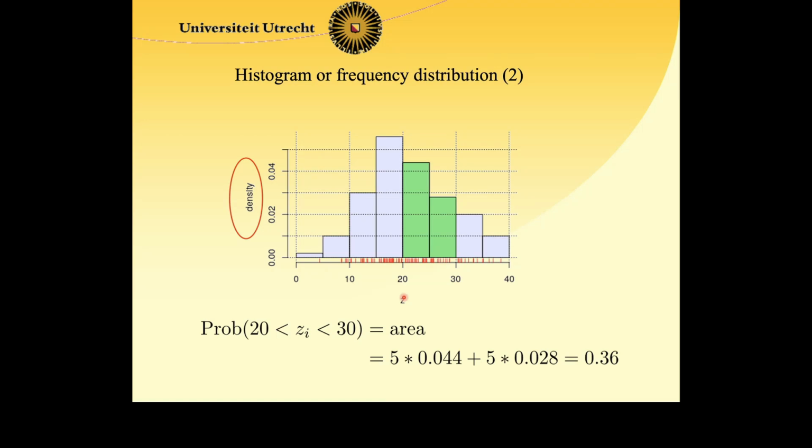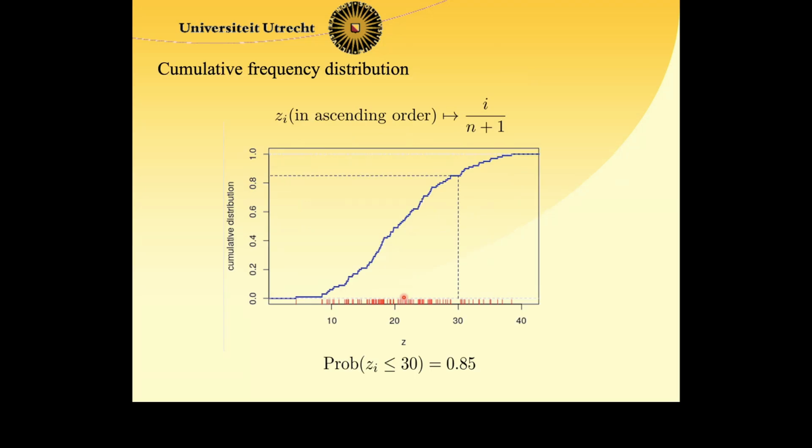Now, another way of presenting your data is not using a histogram, but using a cumulative frequency distribution. How is that done? Well, you start with the same amount of data. You order them in ascending order from the smallest to the largest, and the order is transferred into a distribution value by taking the order and dividing by the number of data plus 1.